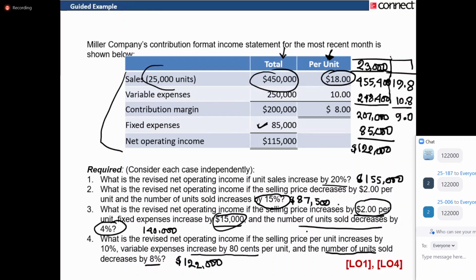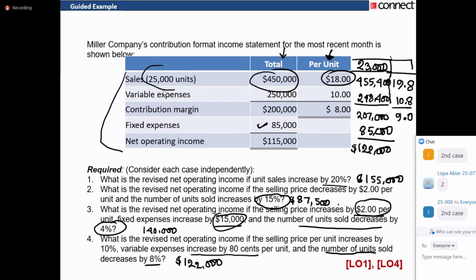So you see, so many things are happening in 4 requirements or 4 independent cases. But in which case we have the lowest net operating income? The base case or any case among the 4 cases we discussed?